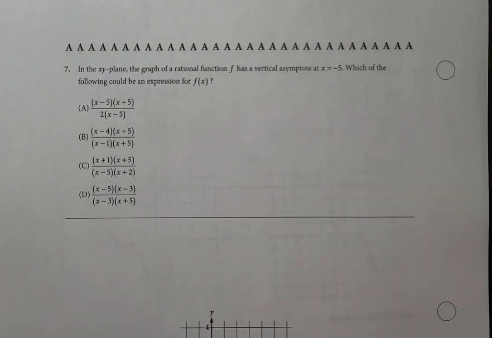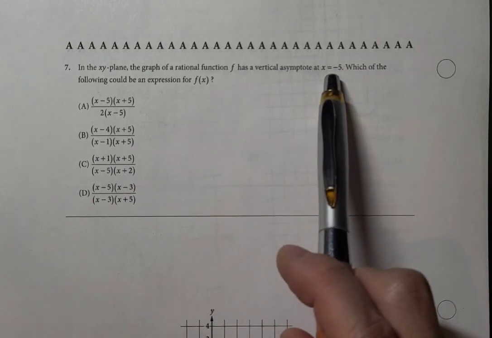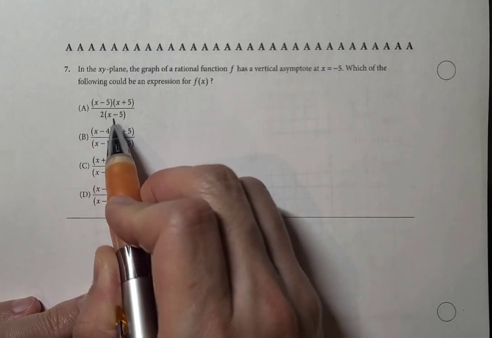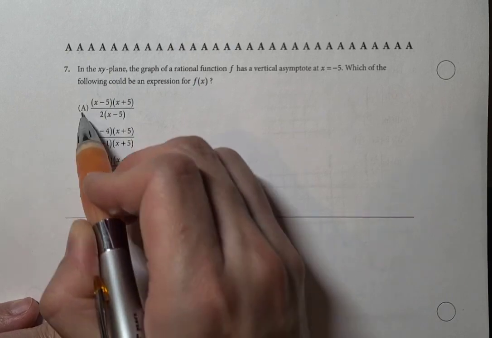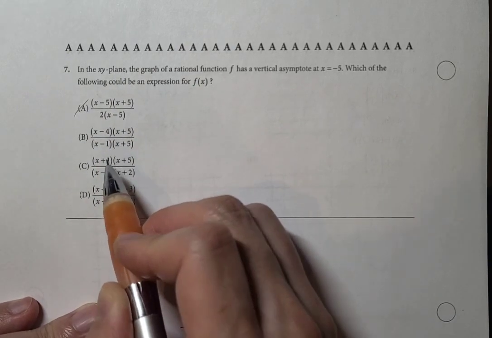In the xy plane, the graph of a rational function f has a vertical asymptote at x is -5. Which of the following could be an expression for f of x? So we need a vertical asymptote at x is -5. Let's go choice by choice. Over here, the vertical asymptote is at x is equal to +5, so it's not that. Over here, there's a hole at x is -5, or a removable discontinuity.